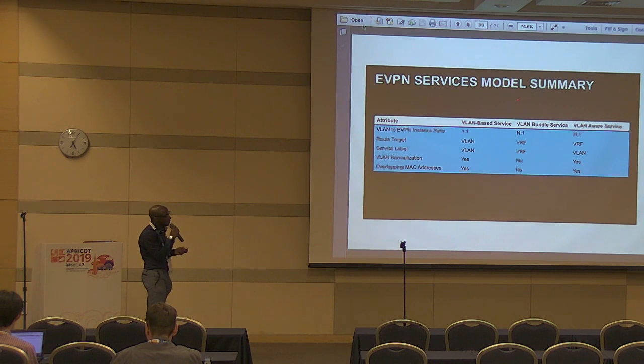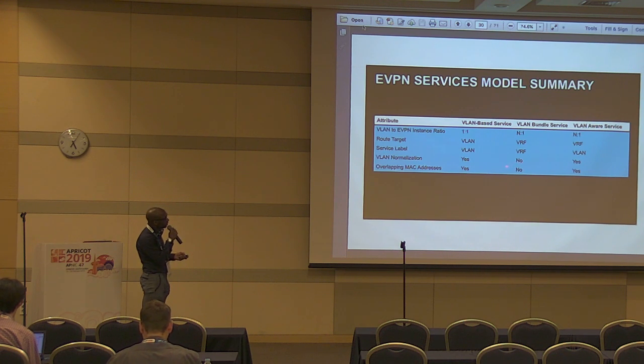What that gives you is the ability to have VLAN normalization and overlapping MAC addresses, because each VLAN sits in a separate VXLAN segment.